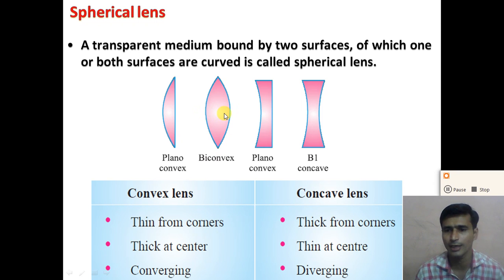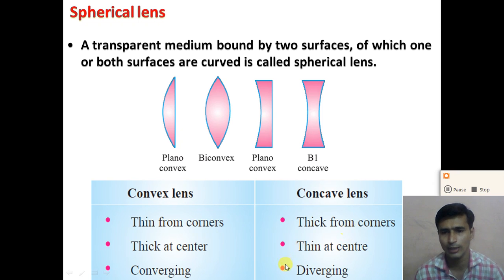This type of lens is called a convex lens, or it is also known as a converging lens. When light passes through a convex lens, after refraction the rays of light are converged at some point. So this type of lens is also called a converging lens.